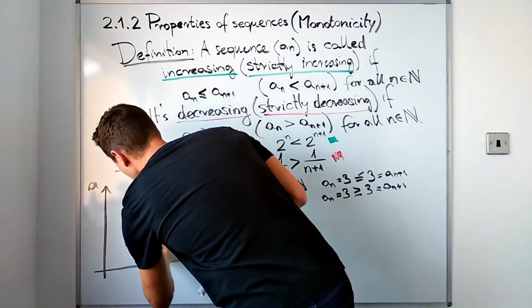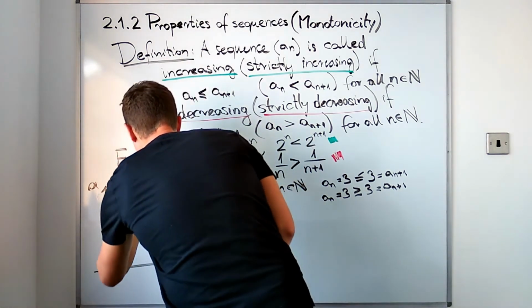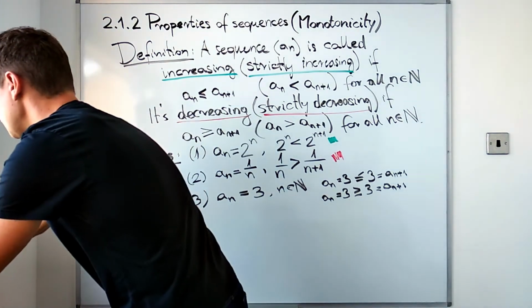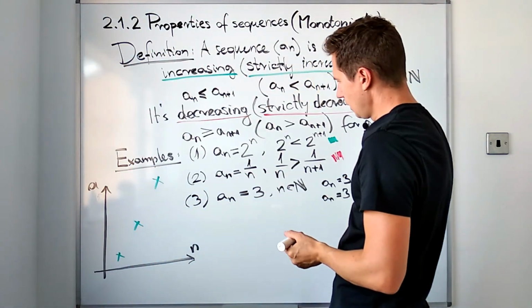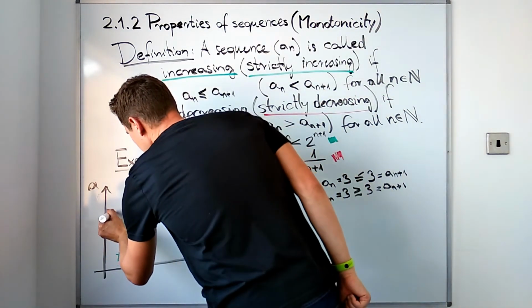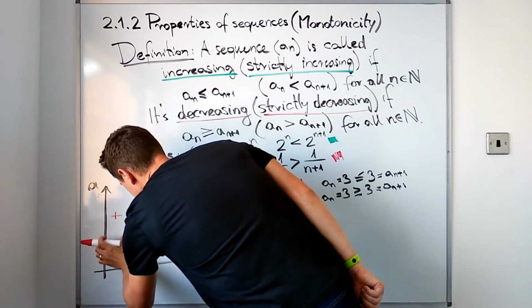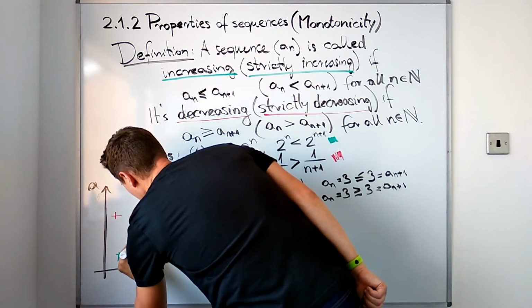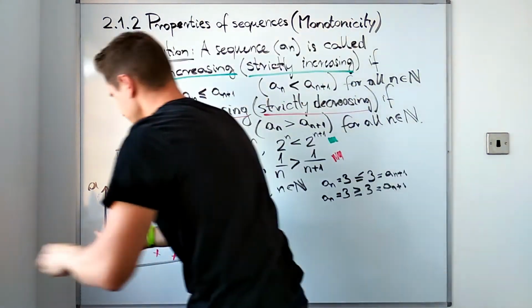Similarly, for the sequence a_n equals 1 over n, we would have a sequence that is decreasing.